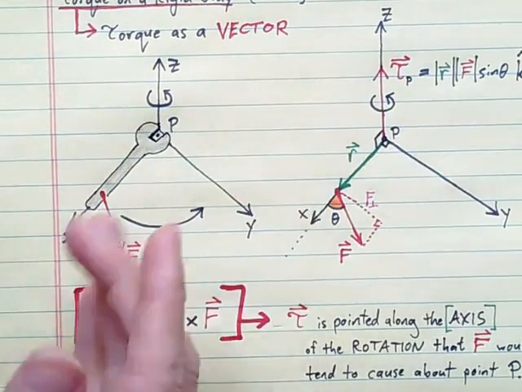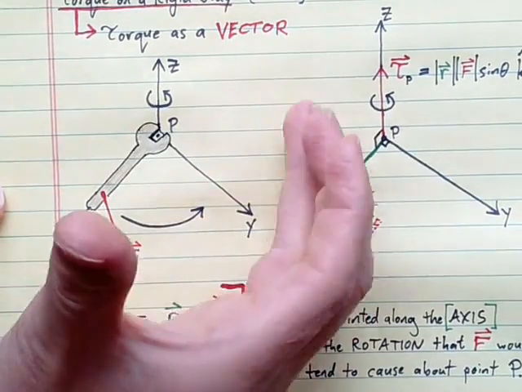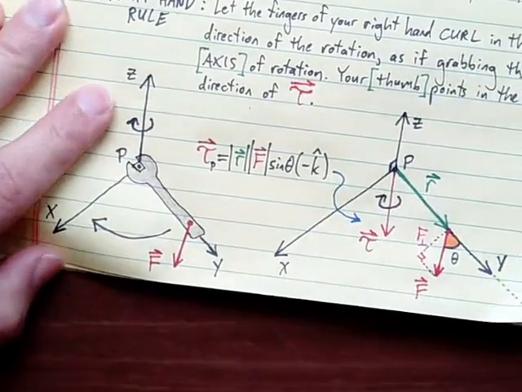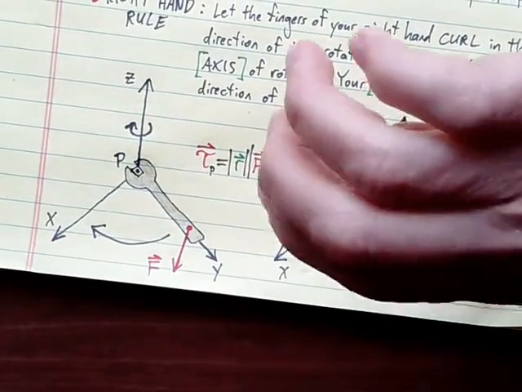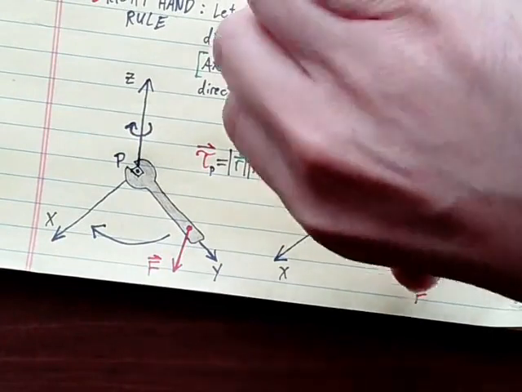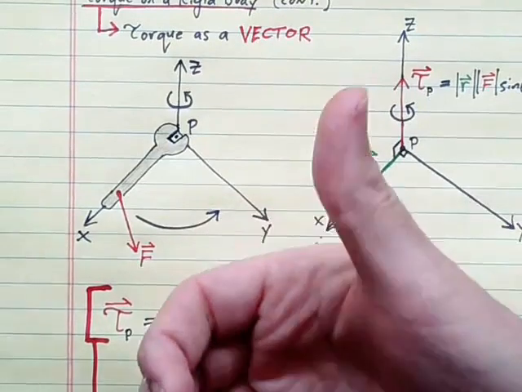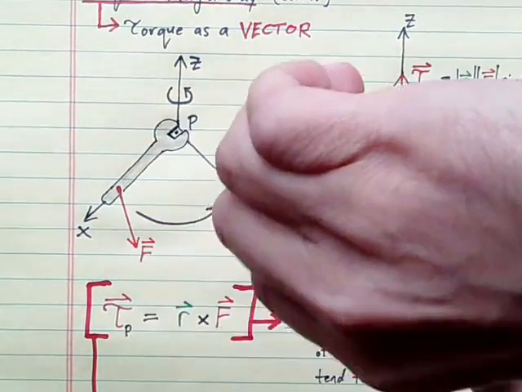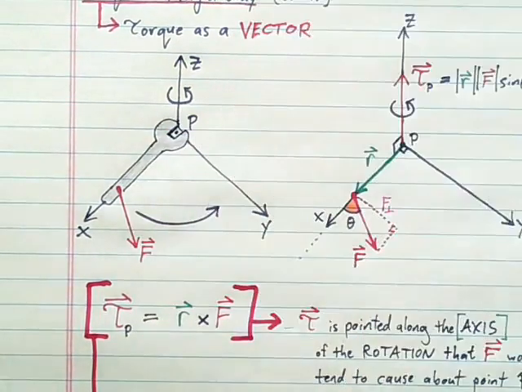So by flipping the direction of rotation from counterclockwise to clockwise, we have to flip our hand and flip our thumb. So our torque vector flips from being positive z to negative z when we flip the direction of rotation.